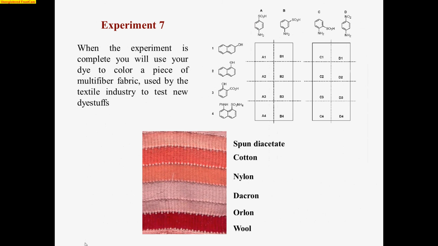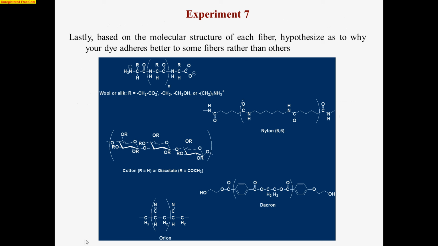Once you make those molecules, you are then going to dye some fabric swatches that we have. These fabric swatches have different types of fabric, including acetate, cotton, nylon, Dacron, Orlon, and wool. We have also provided the structures of these, and an important part of the lab write-up is going to be trying to make hypotheses as to why certain dyes will dye different fabrics better.